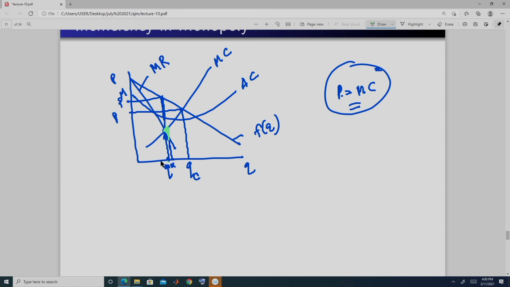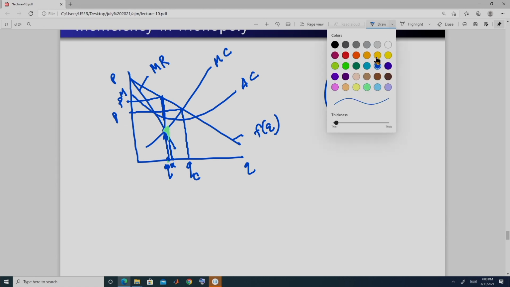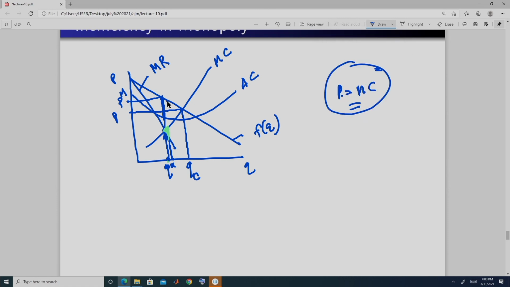But if you look at it slightly differently, you will see that consumers are willing to pay this much here. So if this is the A, then the total consumer surplus is this much, and the producer surplus is this whole region, and from here we subtract the fixed cost. But if we leave aside the fixed cost, this is the producer surplus and this is the consumer surplus.